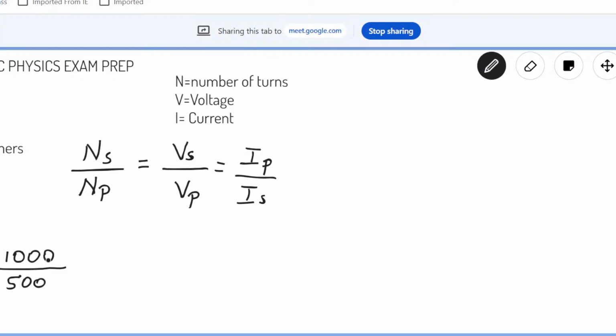You have 500 in the primary and 1,000 in the secondary. If you start out with an initial voltage of, let's say, 12 volts, so this is the voltage in the primary, what's going to happen to it on the secondary side?